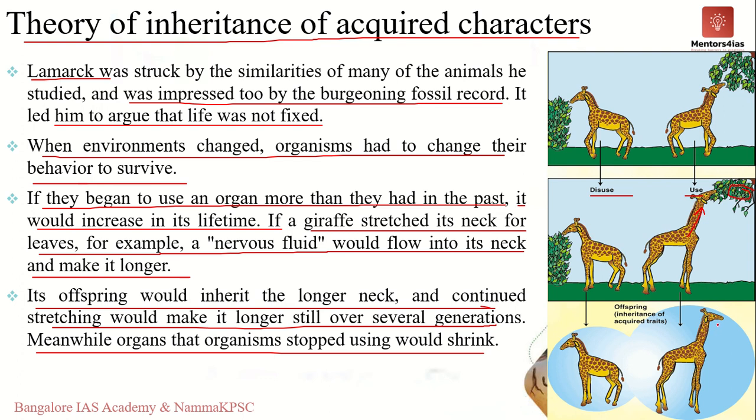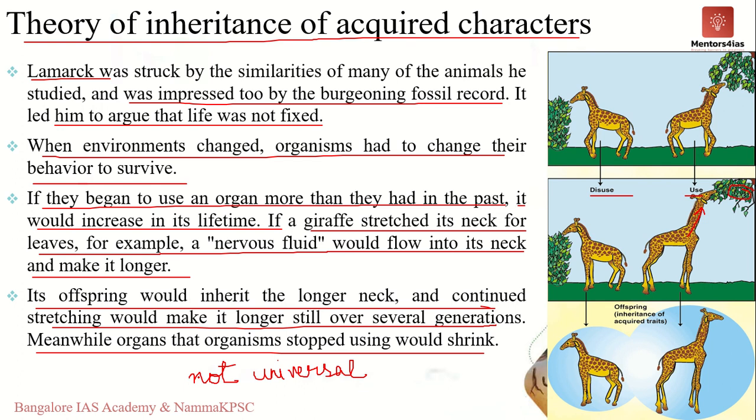But the problem is that this theory of use and disuse is not universal. See, obviously, if you take the example of your appendix, now since we always consume cooked food, there is no necessity of the appendix to digest starch. Therefore, the appendix has been put into a state of disuse and is a vestigial organ. So, in this case, yes, the theory of use and disuse is true.